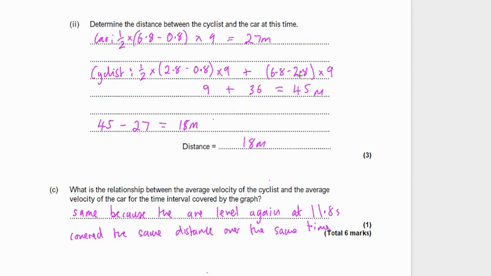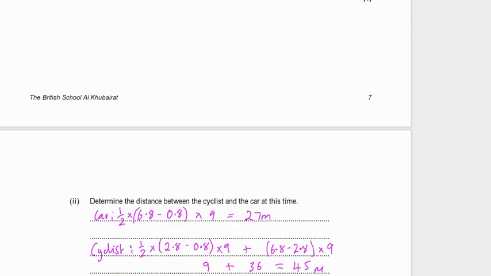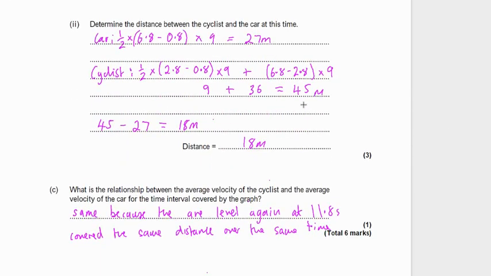So the cyclist travels further than the car in the first 6.8 seconds. By how much? That's 45 meters take away 27 meters, and that is 18 meters.